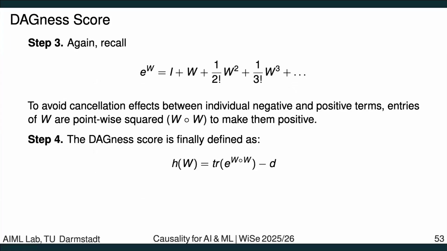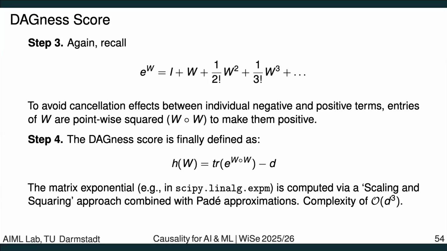Again, to avoid negative coefficients canceling out terms, we just take the Hadamard product, which pointwise, in this case, squares all the entries. So we get this expression. And this is then basically our DAGs constraint.